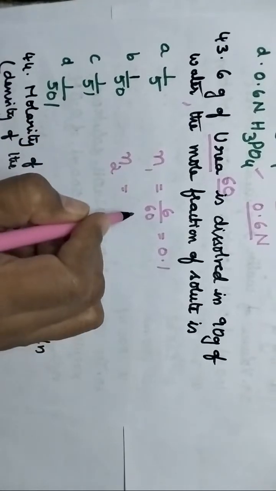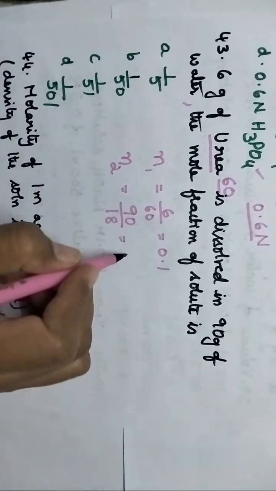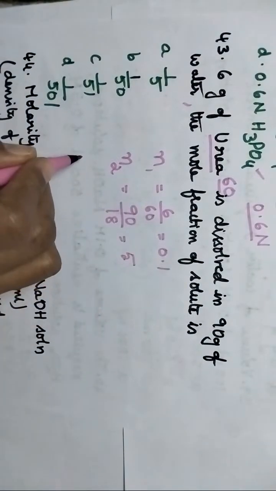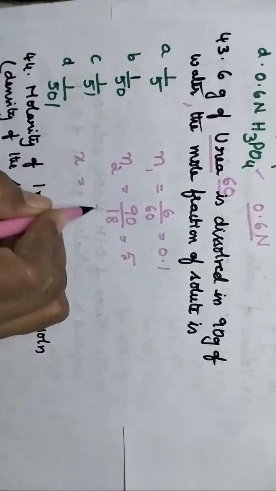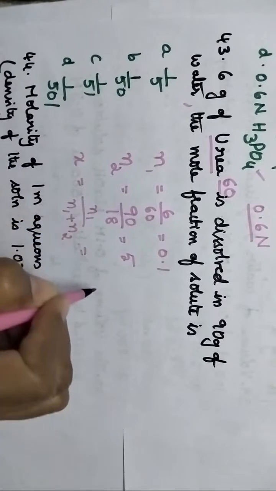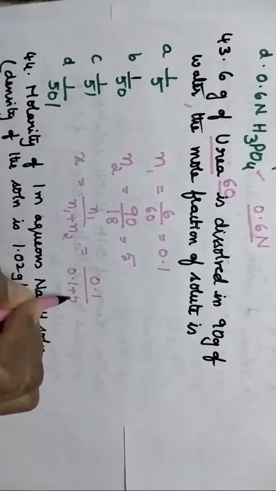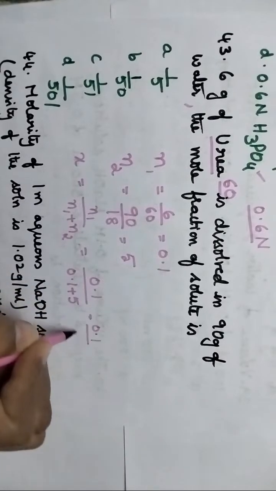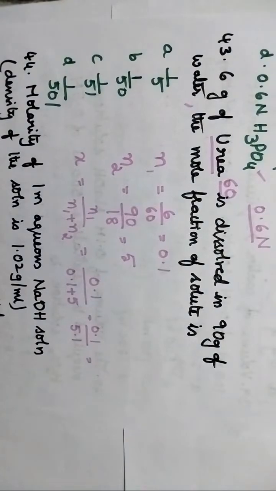Coming to the water, 90 by 18, that is equal to 5. So mole fraction of urea is equal to n1 by n1 plus n2, that is 0.1 divided by 0.1 plus 5, which is 0.1 divided by 5.1.